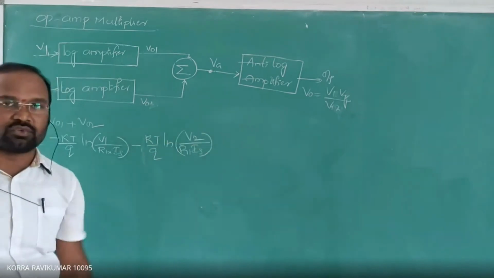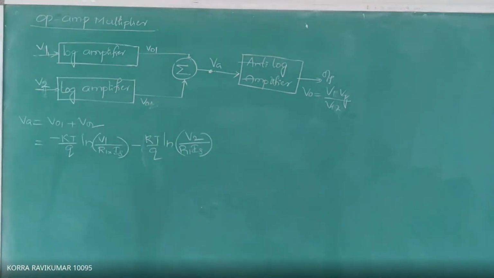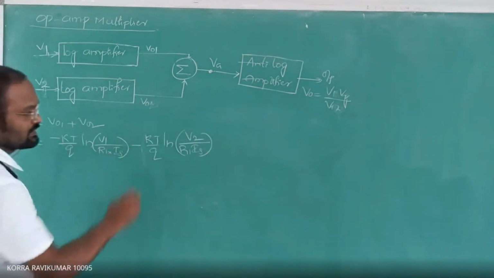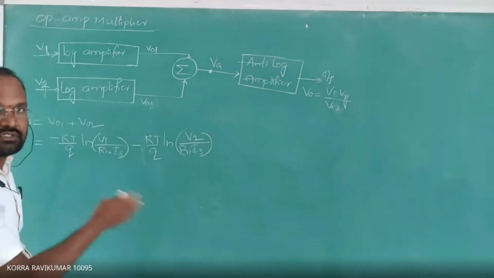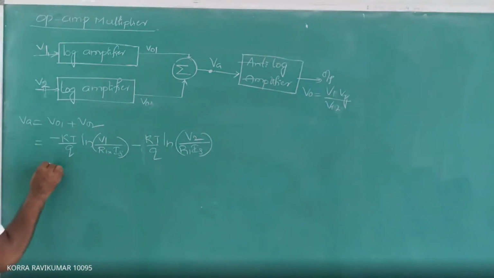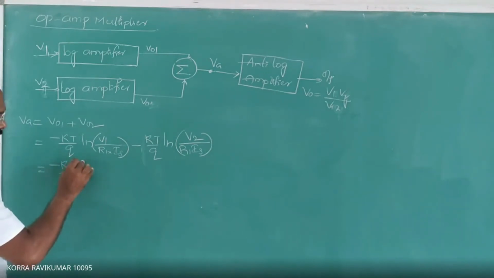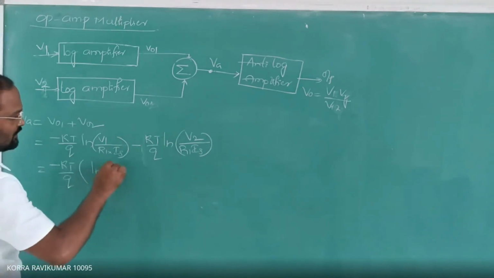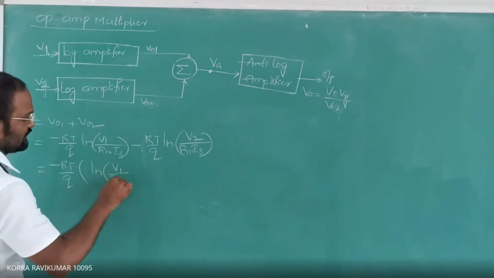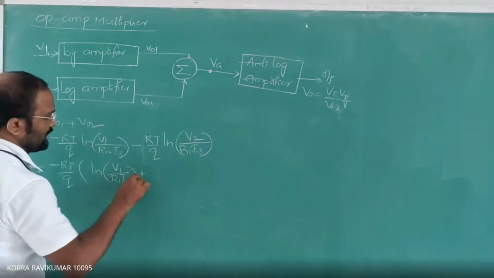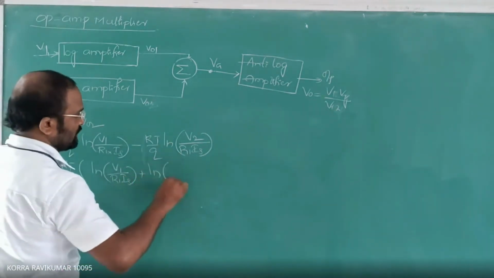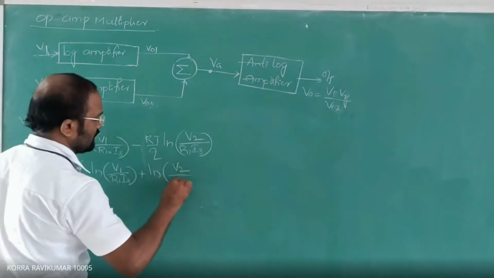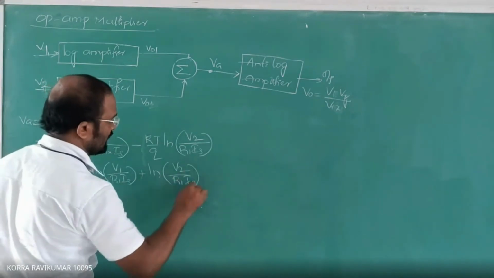Look at the VO2 equation; at the starting there is a minus. Now minus KT by Q are the common terms. Take these two as common. So minus KT by Q of natural logarithm of V1 divided by R1 IS plus natural logarithm of V2 divided by R1 into IS.